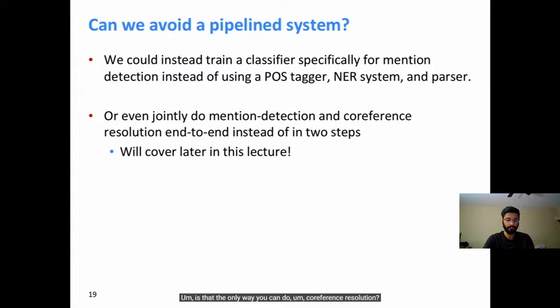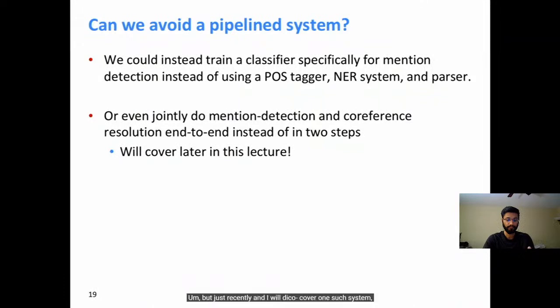coreference resolution? And the traditional answer was, yup, that's the way you did coreference resolution, that essentially all systems for coreference resolution until approximately 2016 were a pipeline that went through about those stages.